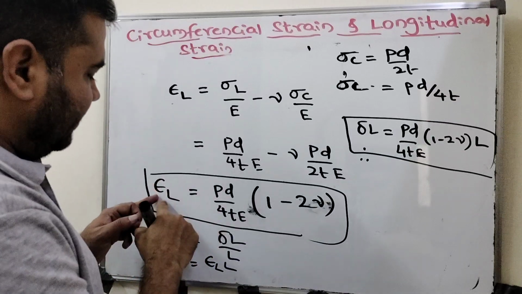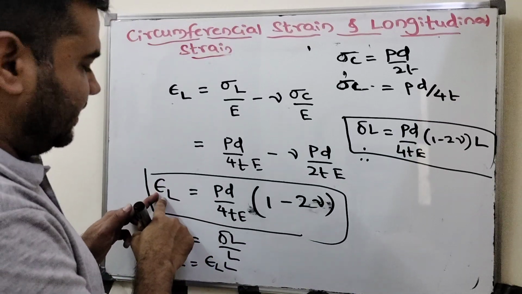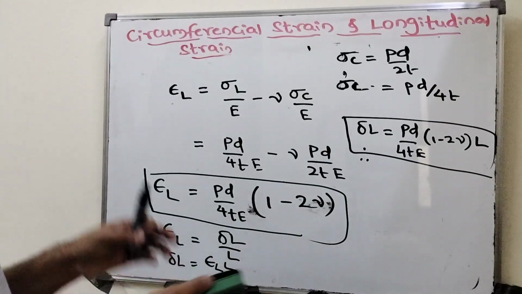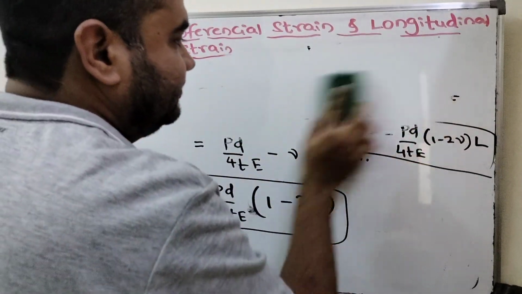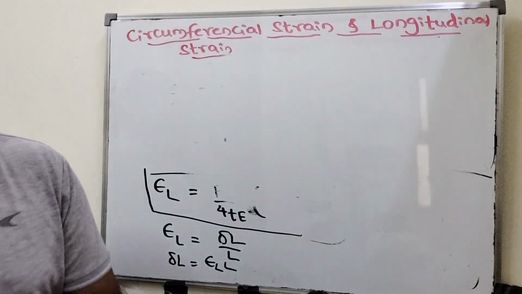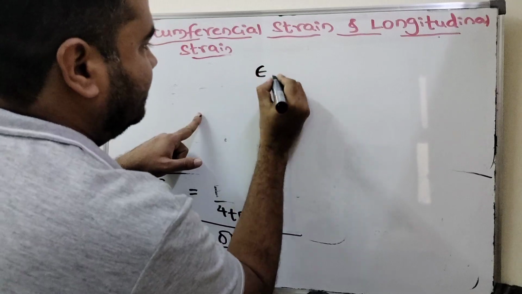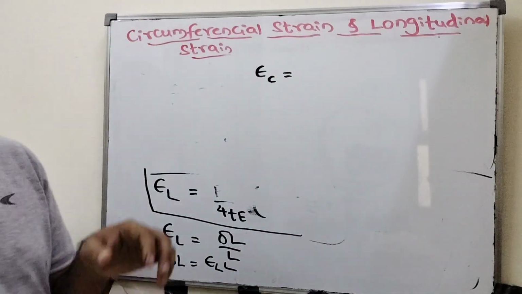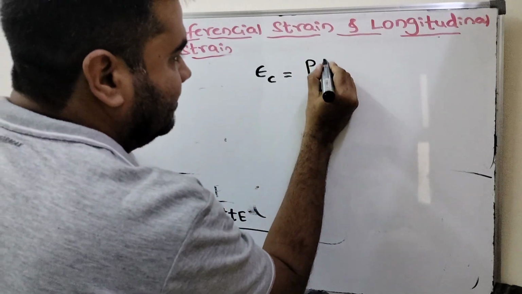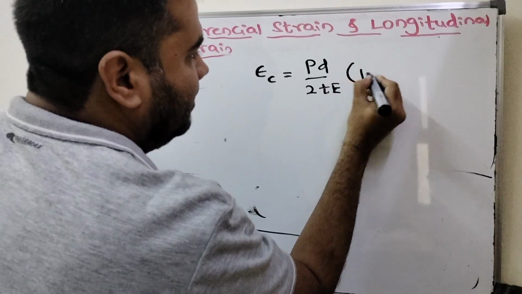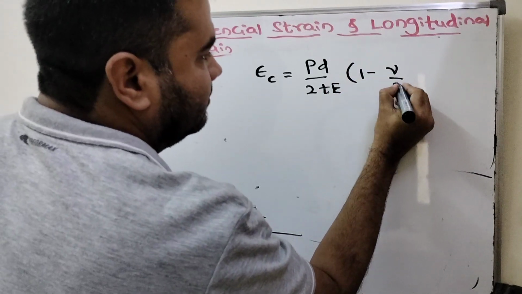So now can we remember the longitudinal strain and the circumferential strain? I'll write it here for you to remember. First we derived the circumferential strain, equal to PD by 2tE into 1 minus nu by 2.